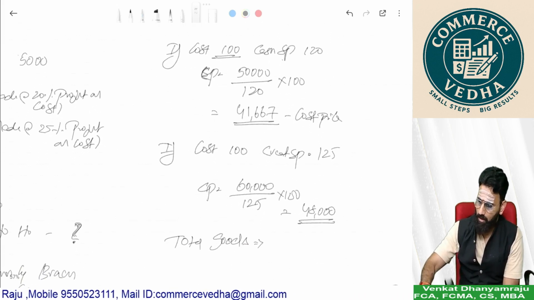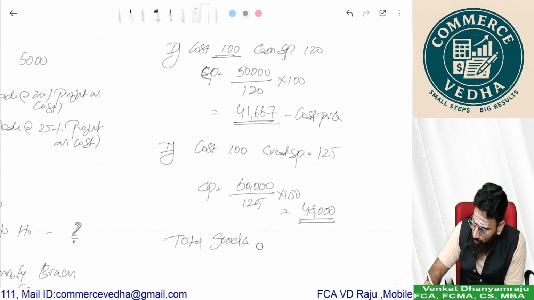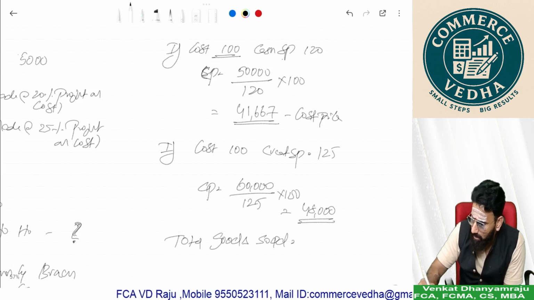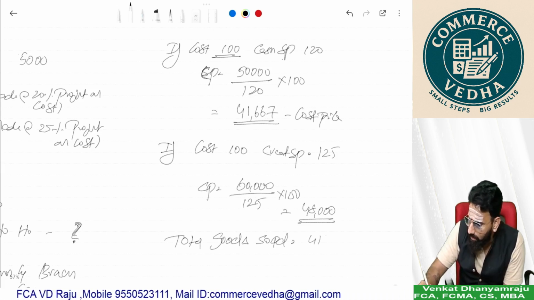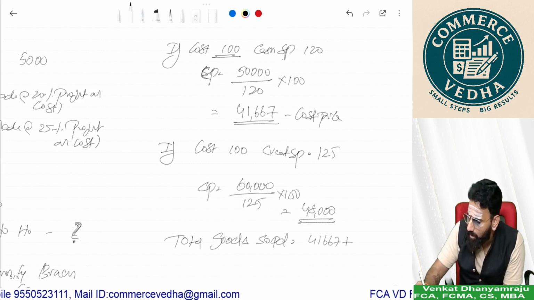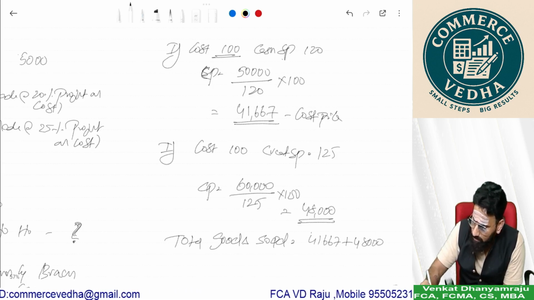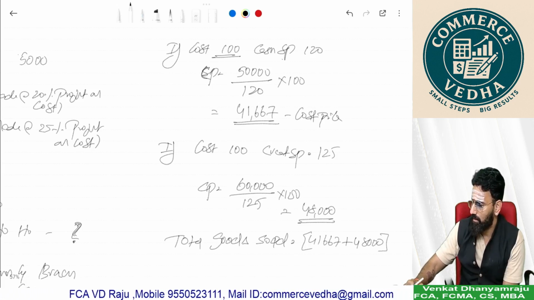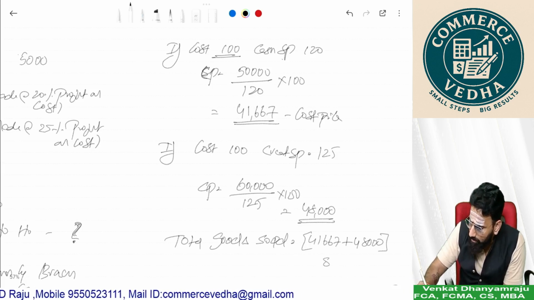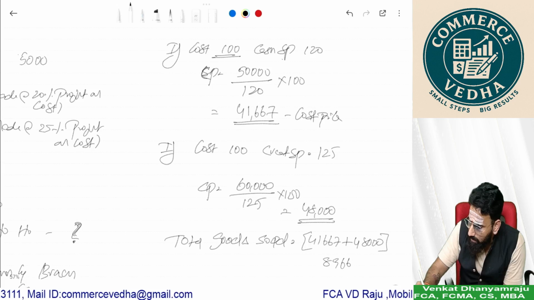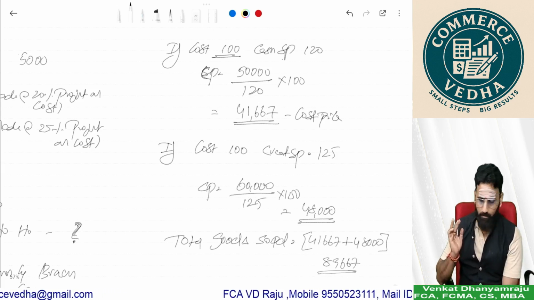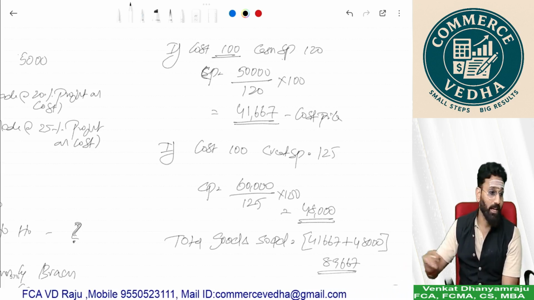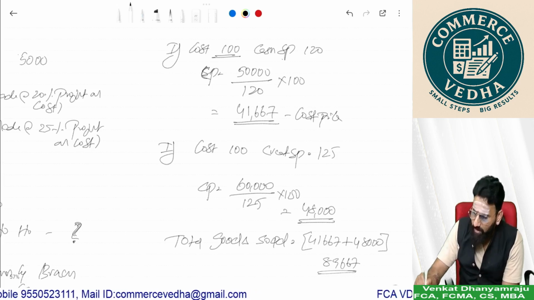Now, total goods sold equals 41,667 plus 48,000, which is 89,667, right? But actually you sold for 50,000 plus 60,000, 110,000. But the cost price is 89,667.